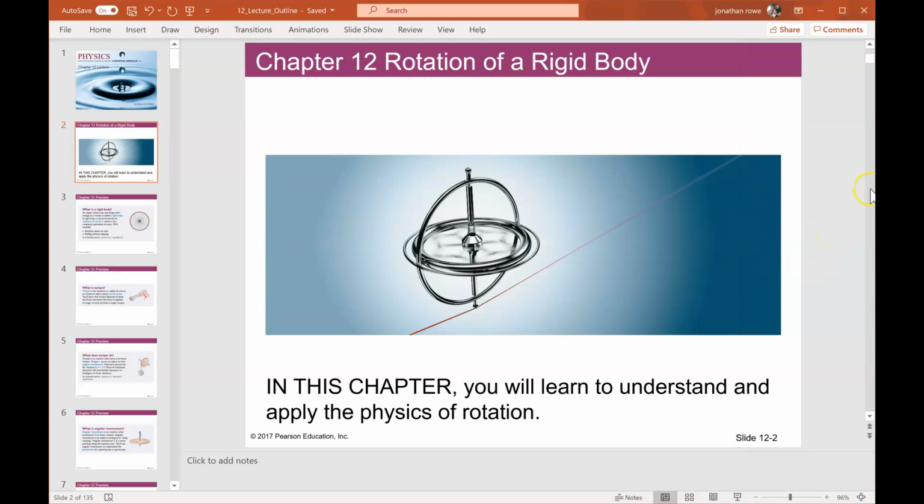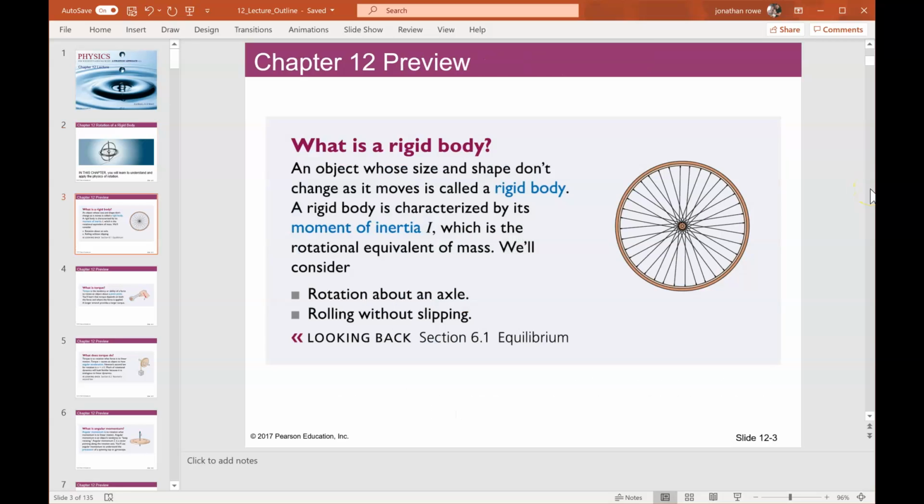Rotation of a rigid body. What is a rigid body? An object whose size and shape don't change as it moves is called a rigid body. So if the thing changes its shape as it rotates, this does not apply. If something breaks when you're swinging it really fast, then the rotational physics that we're studying doesn't work. You have to use some other model.